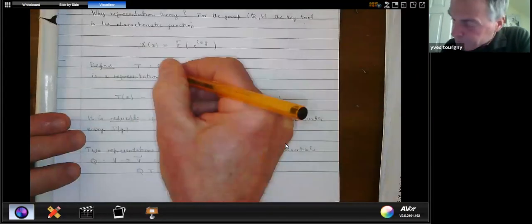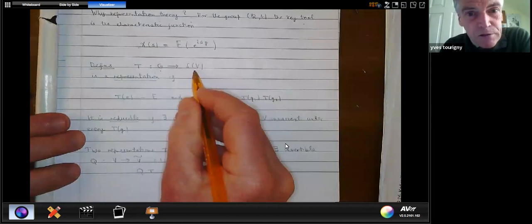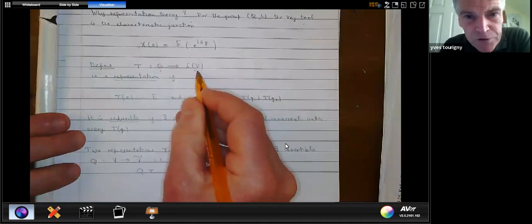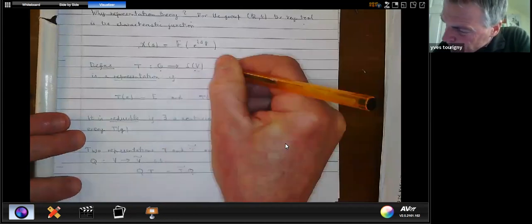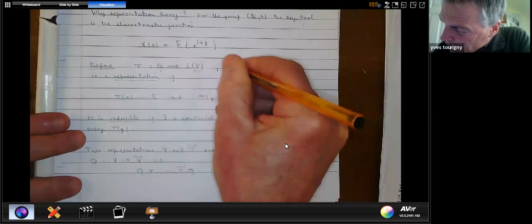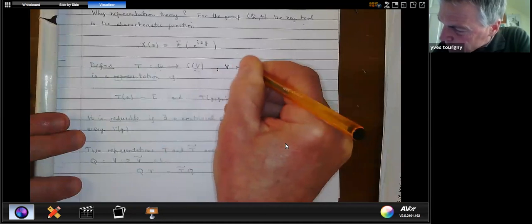So a representation of a group, let's just see. G is the group. V here is a vector space, any vector space. So essentially, associated with the representation will be this vector space V, which will be called the representation space.